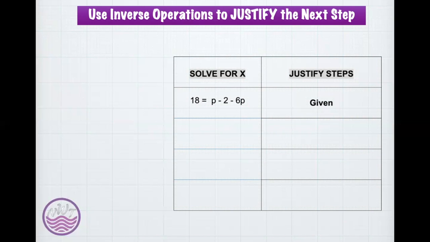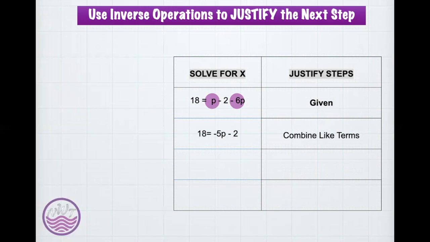So I have a 1p, because there's no number in front of that p, and I have a -6p. If I combine like terms, it ends up being -5p, because 1 minus 6 is -5. So -5p, and then that -2 will come down.